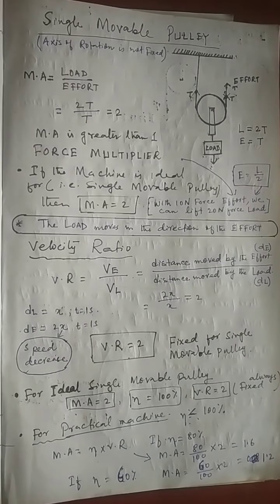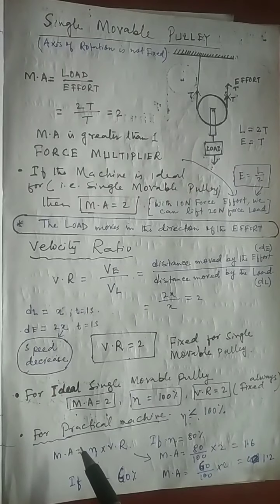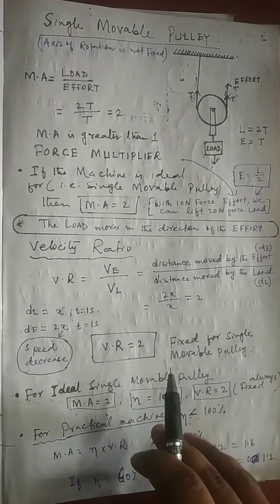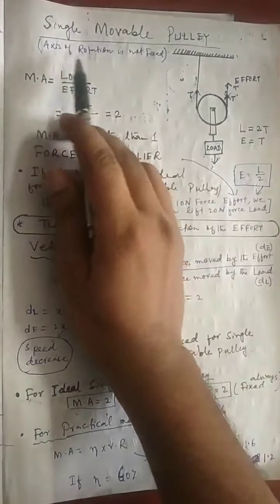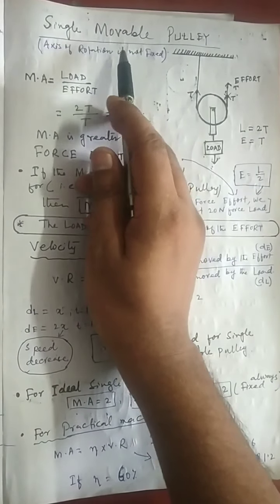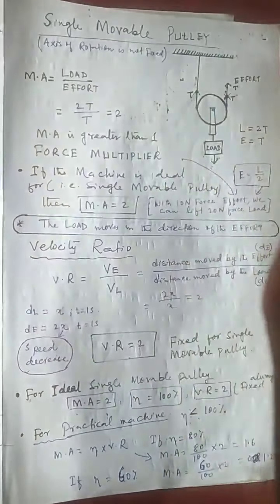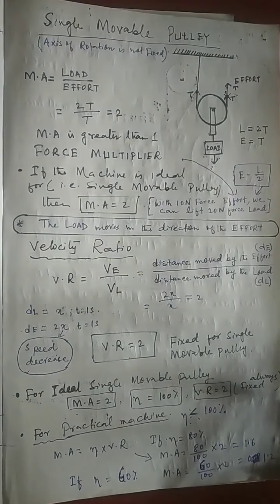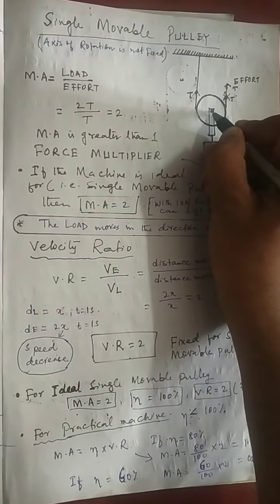Today's topic is single movable pulley. A pulley whose axis of rotation is not fixed, which means whose axis of rotation is movable. In the single fixed pulley, the axis of rotation was fixed.